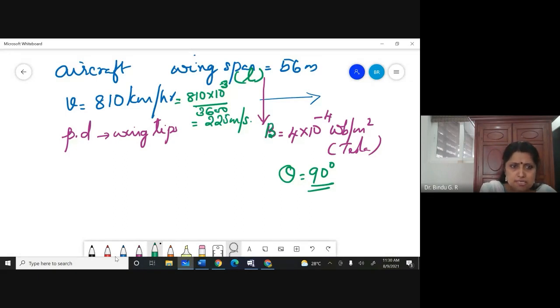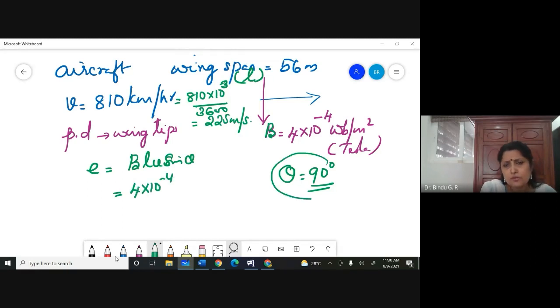So here, what is E? E is the dynamically induced EMF, given by the equation BLV sine theta. Theta is equal to 90 degrees. You just have to substitute all the values: 4 into 10 raised to minus 4. I hope you understood why I took it as 90 degrees, because they have already given you the vertical component and the aircraft is moving horizontally.